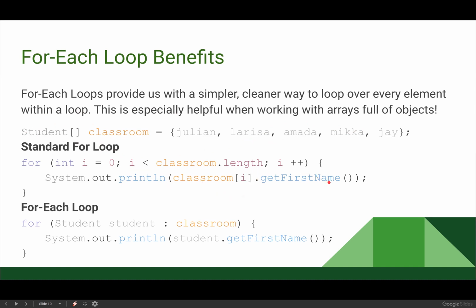I would need to do several layers of access, whereas in my for each loop the syntax is simpler, and I can just say, from the current student that I'm looking at, because I'm looking at each student in my classroom, get their first name. So the syntax within my loop is also a bit simpler. I don't have to deal with accessing from a specific index here.